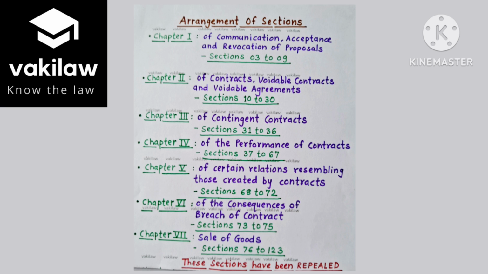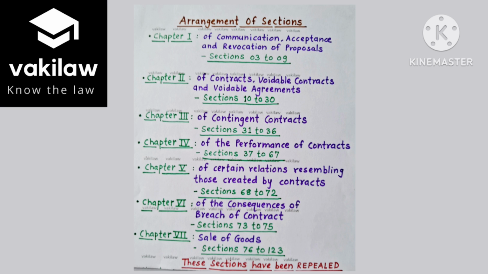Chapter 2 deals with contracts, voidable contracts and voidable agreements, provided under sections 10 to 30. Chapter 3 deals with contingent contracts, provided under sections 31 to 36 of the Act.